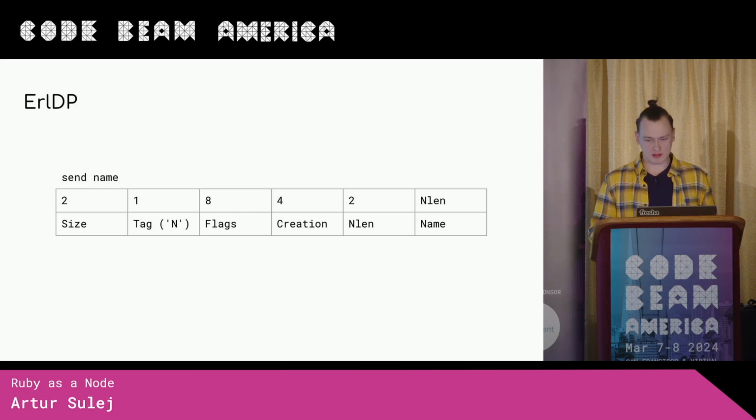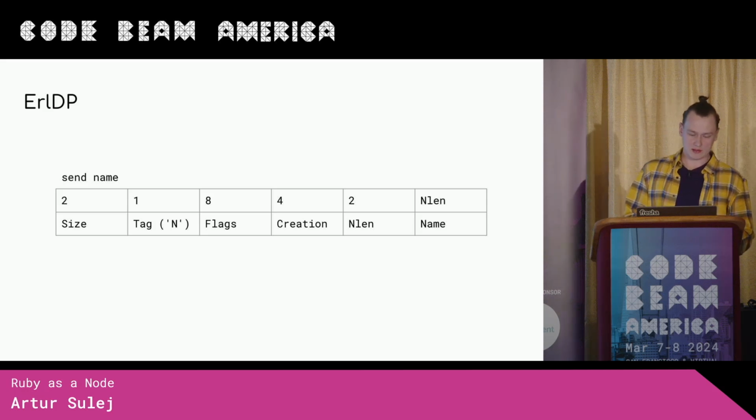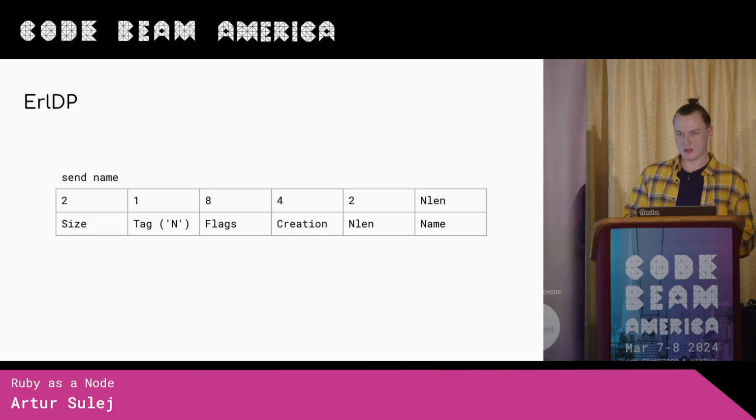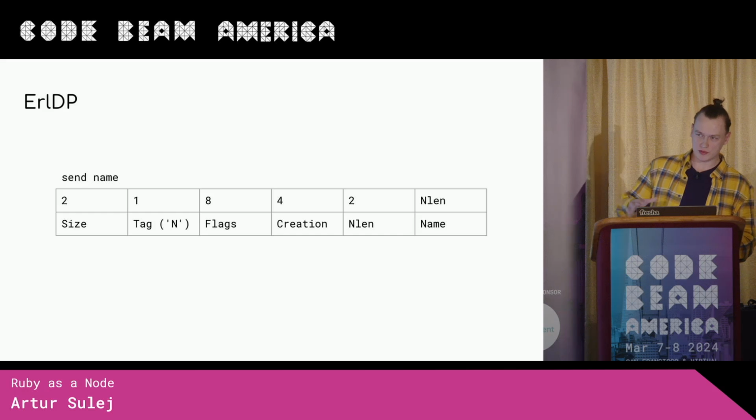In send name, we've got a tag, which tells you that it's send name. It's the type of the message. Then we've got flags, and flags tell the node which features, which capabilities are enabled on the given node. Basically, different OTP versions support different features.